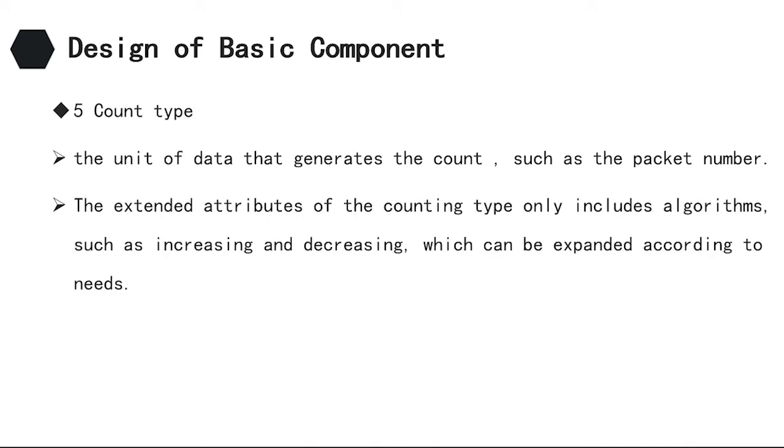Count type. The unit of data that generates the count, such as the packet number. The extended attribute of the count type only includes algorithms, such as increasing and decreasing, which can be expanded according to needs.